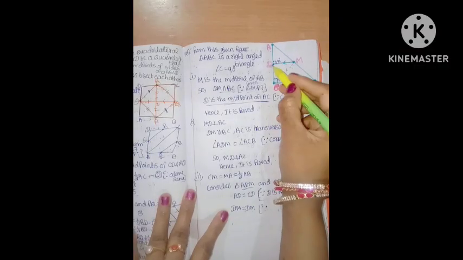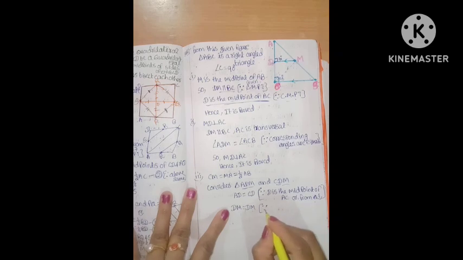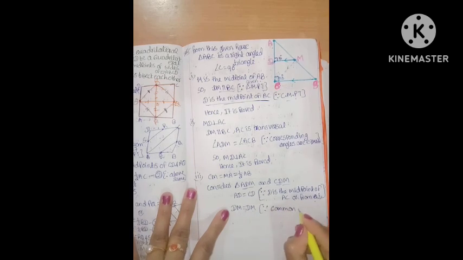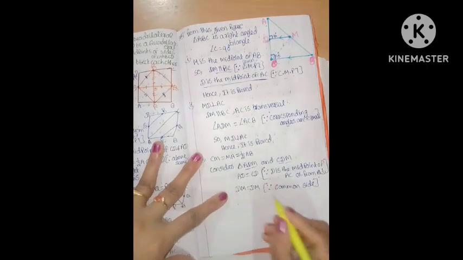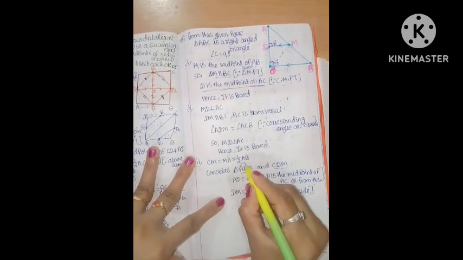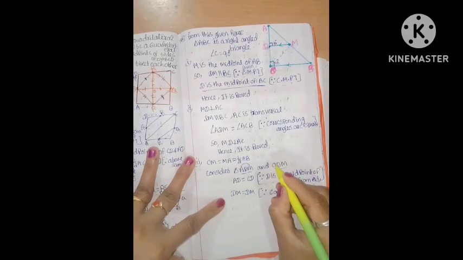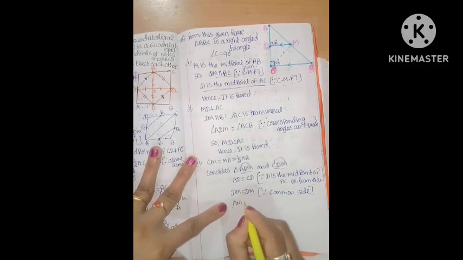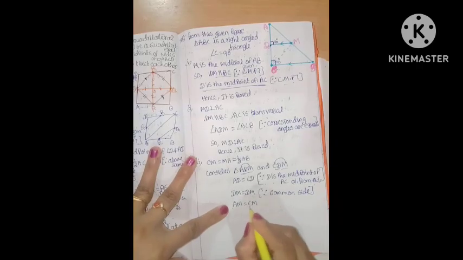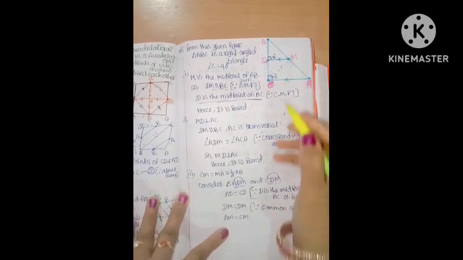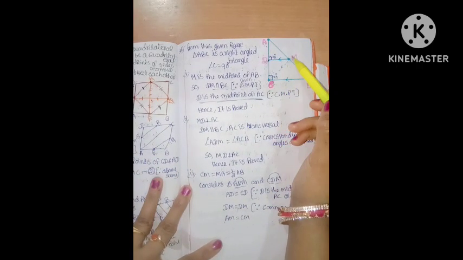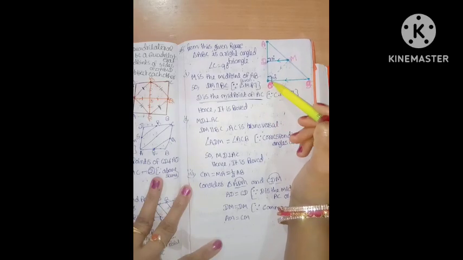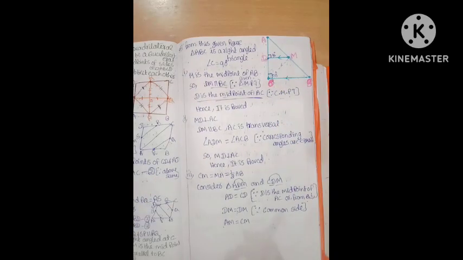Since common side, these two sides are equal. Remaining side, AM is equal to CM. Why is it equal? Since CPCT.